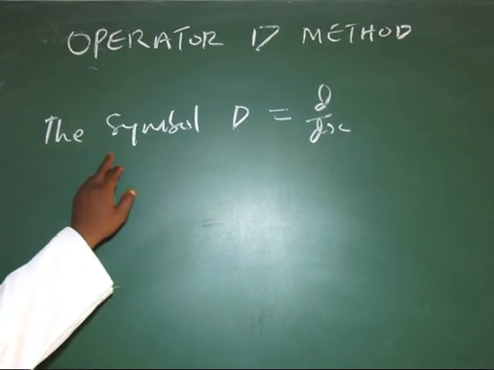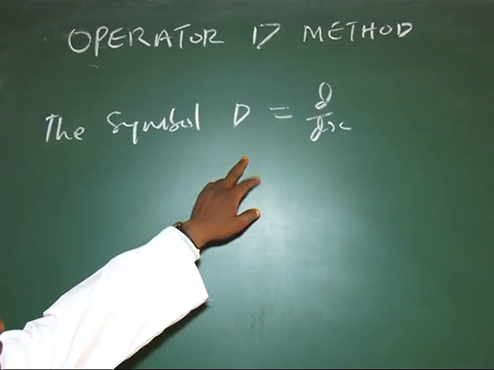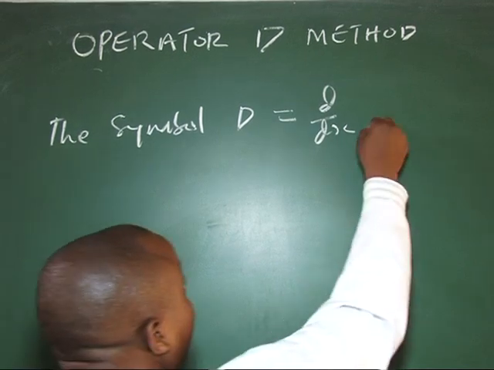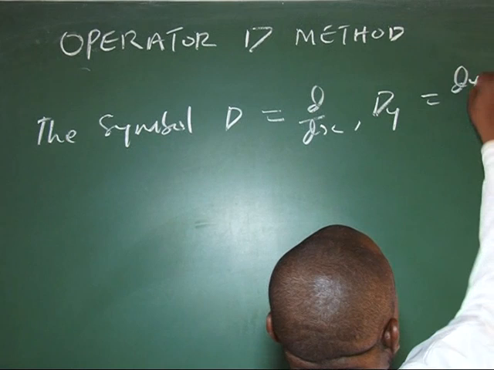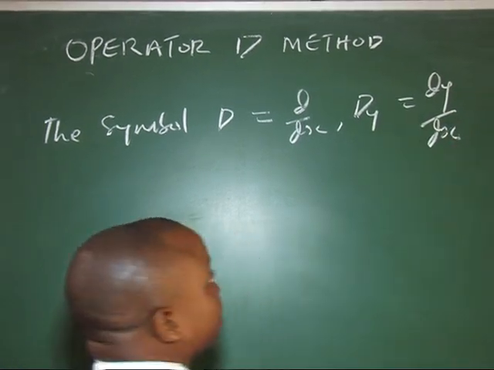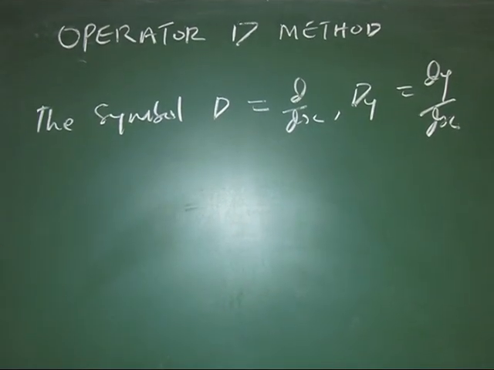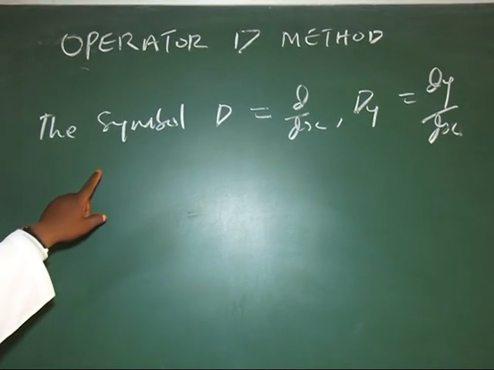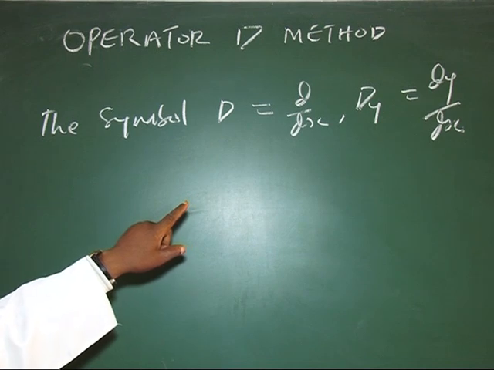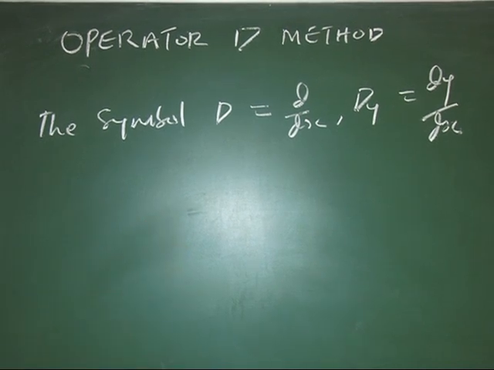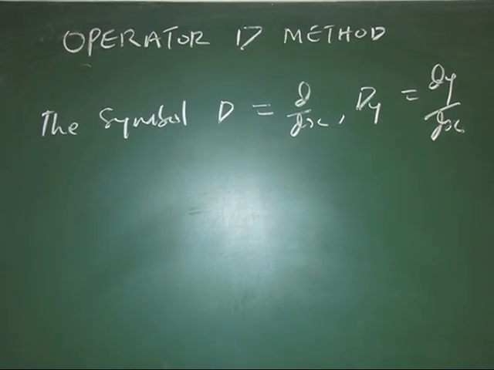So we introduce the symbol D, which is d dx. And if we have dy, it will be equal to dy all over dx. Now, the symbol D does not have a value of its own. It is only a differential.